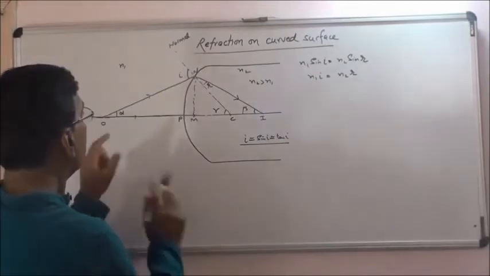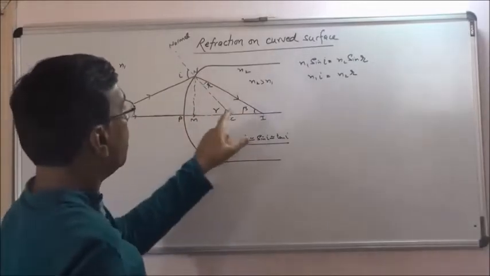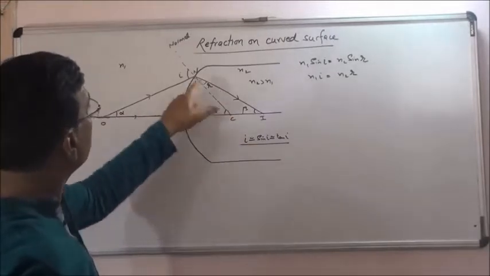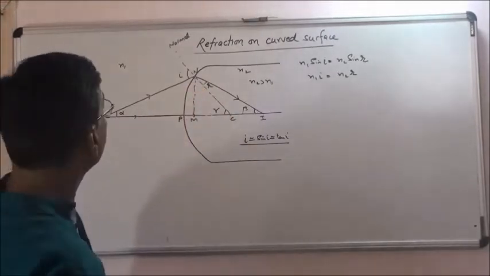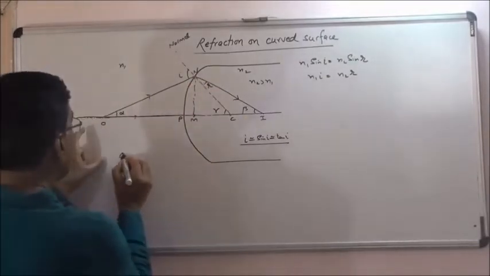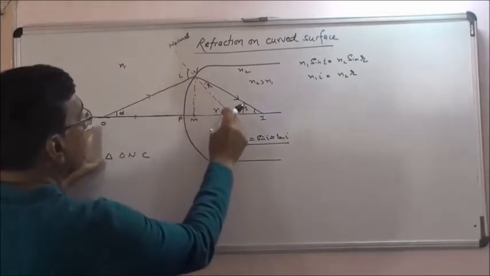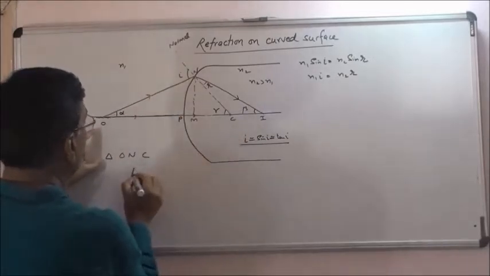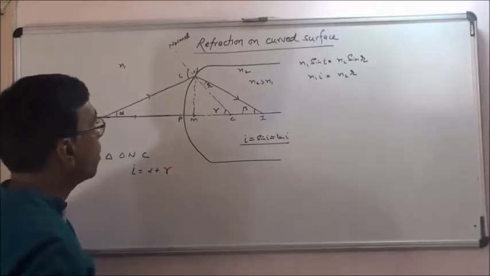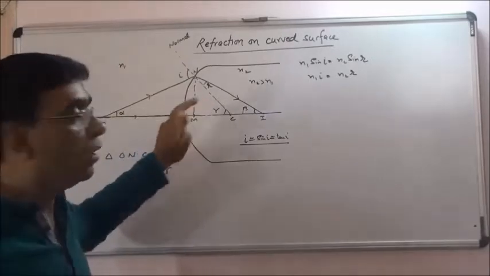Now alpha, beta and gamma. Let us relate these angles with I and R. You can see from this triangle ONC, I is equal to alpha plus gamma. Exterior angle is equal to the sum of two interior angles.